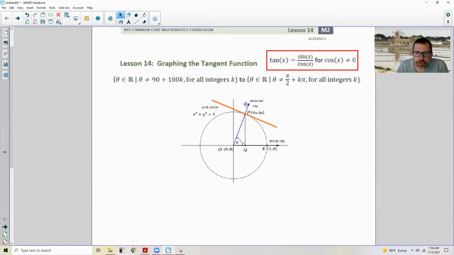So if I move this terminal ray up to pi over 2, then my slope would be like so, okay? If I move my tangent over here and my terminal ray is 0, then this would be my tangent here. Okay, so we are going to be taking the tangent, but tangent is y over x, and it's undefined here and here.